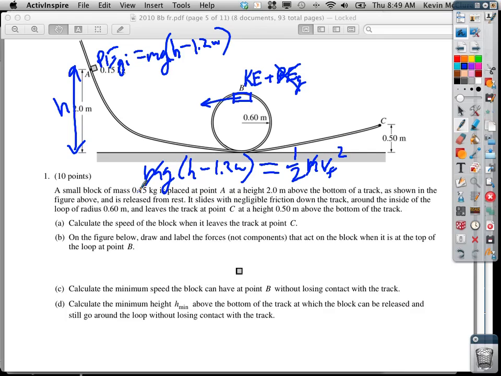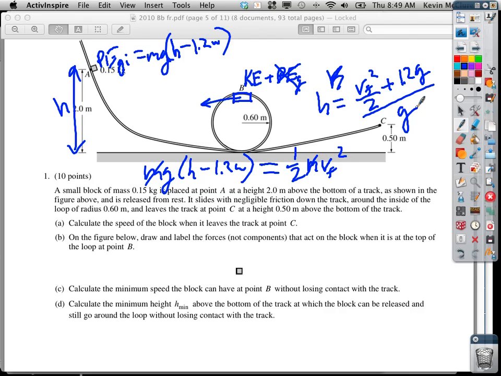Those masses cancel, and I'm looking for h, so I have to factor it out. So I get h is equal to vf squared over 2 plus 1.2 g, over g. I think that's the right algebra. Whatever it comes out to be, you get the idea. Just set these two energies equal to each other.